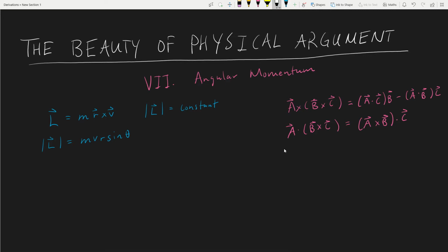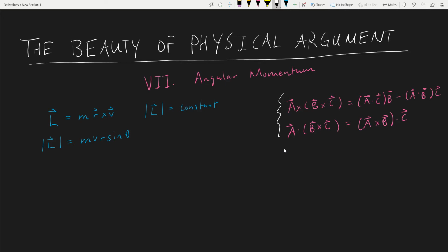So that's the first thing we need to know, and the development we're going to work from is based on this fact. There are a lot of very clever mathematical tricks, and a couple of vector identities on the side that we're going to need. It's basically a lot of very clever mathematical manipulation of this quantity L called angular momentum, which is a constant for this system.